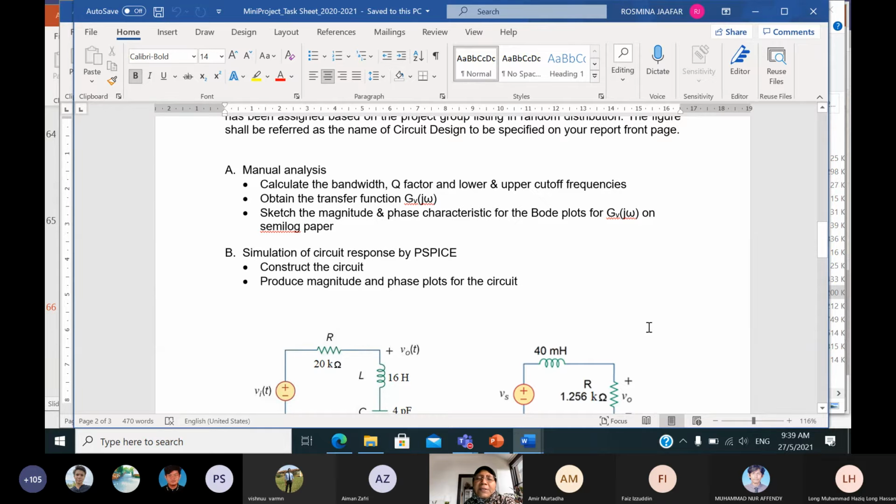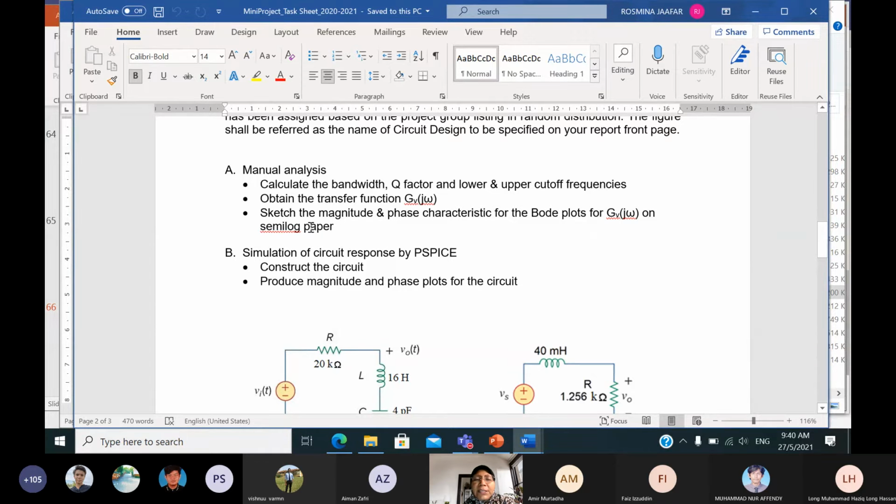If the circuit is a low pass filter or high pass filter, you only have one cutoff frequency. But if your given circuit is a band pass filter or band stop filter, there are two cutoff frequencies, the lower cutoff and the upper cutoff frequencies.